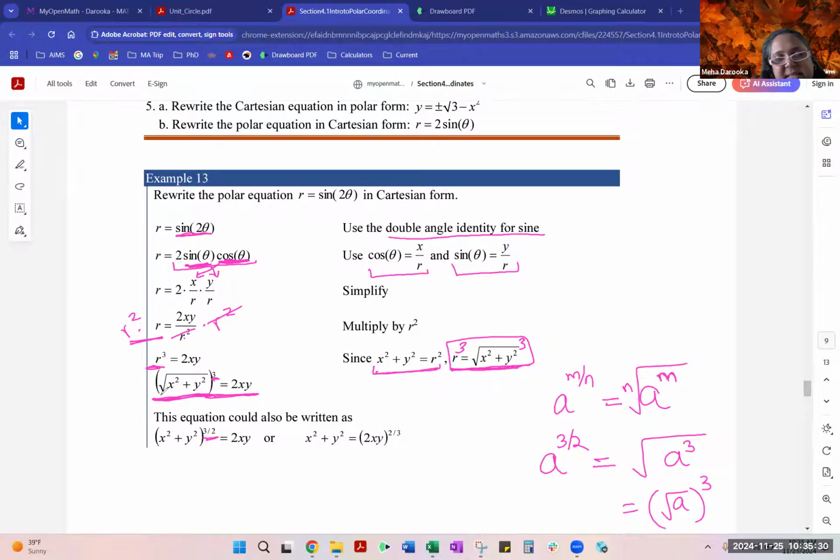So that's what they've done. Since this is a square root, they have that denominator of 2, and then 3, of course, was your exponent. So you can write it out that way. Or another algebraic form is, if you have 3/2 over here, you can invert it and make it an exponent on the other side, and it ends up becoming 2/3. So these are just different forms of how you can write the same equation.